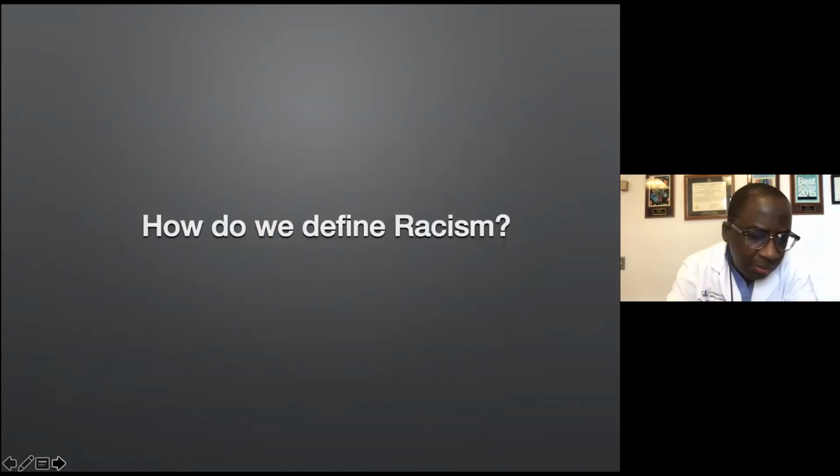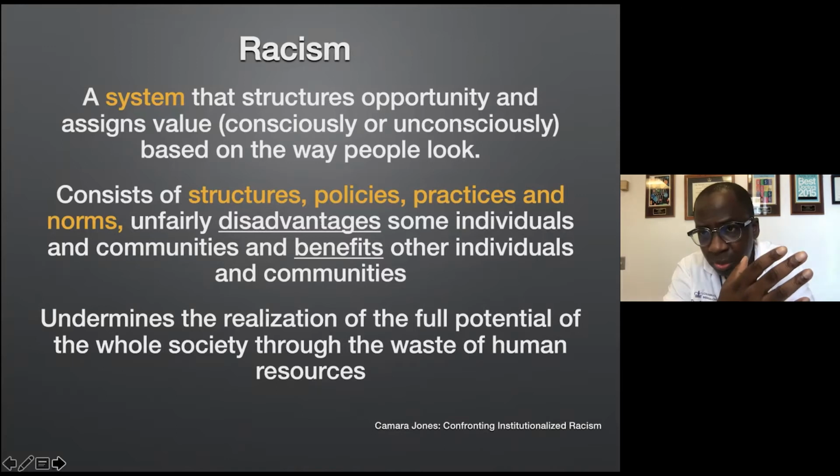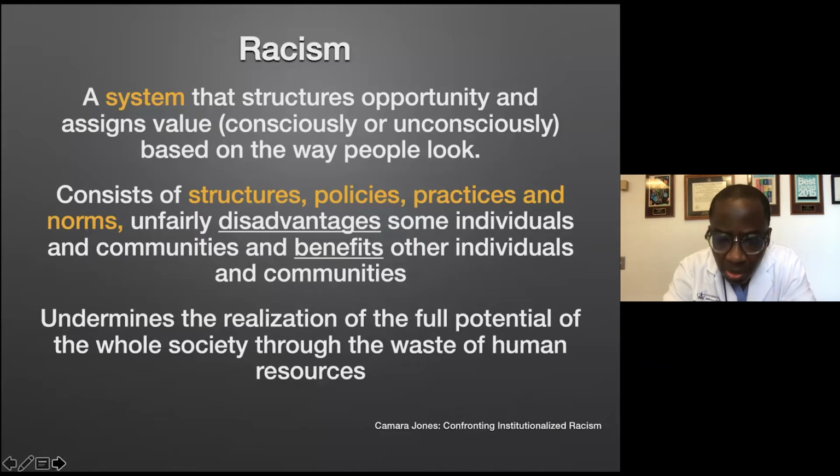But how do we define racism? So racism is a system, and this is Camara Jones's definition, that structures opportunity and assigns value. In the old days, just as recently as 50 years ago, it was a conscious assignment of value. Today, it's much more unconscious assignment of value based on the way people look.